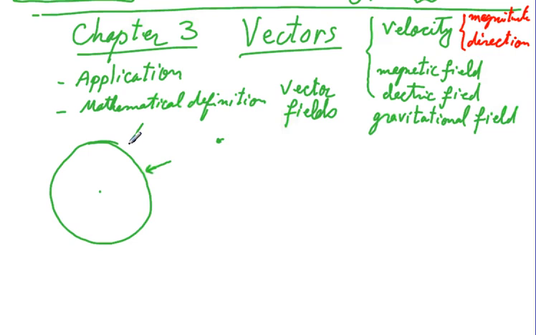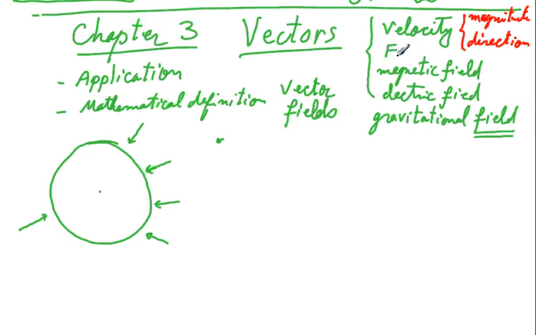Now, if you move somewhere else, the direction also changes. If you are on the other side of the globe, the force that is acting on you is the opposite of what it is on this side. So gravitational field, and similarly magnetic and electric fields, are made out of a bunch of vectors. The idea of a field simply means you got a lot of them. That's all. And these are all examples of forces.